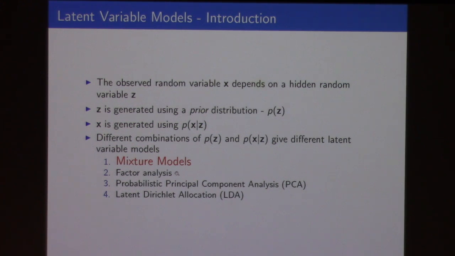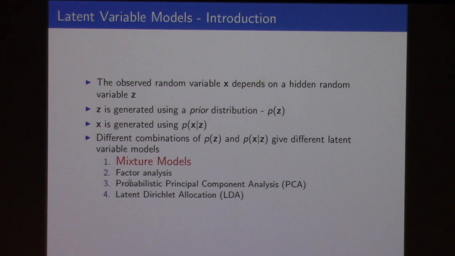And then there is a certain special form of factor analysis model which gives you principal component analysis. And if you assume that Z comes from a Dirichlet distribution, so that is something that we will not see, but that becomes what we call a latent Dirichlet allocation model. That is very popular in topic modeling. I don't think we have talked about it, but don't worry about it.